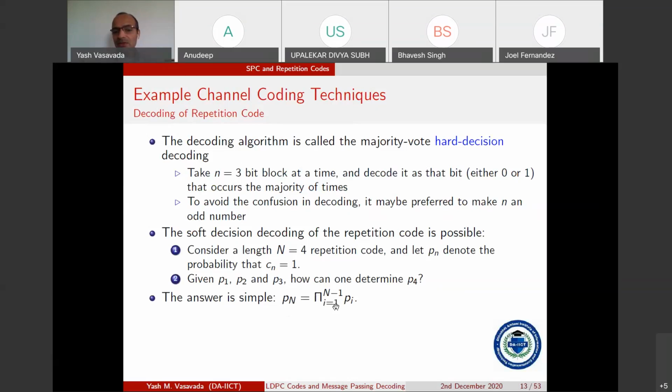But that likelihood function will have to be scaled by the prior divided by the evidence. That scaling will give us some multiplier term alpha, which is common for the probability that the nth bit is 0 as well as the nth bit is equal to 1.